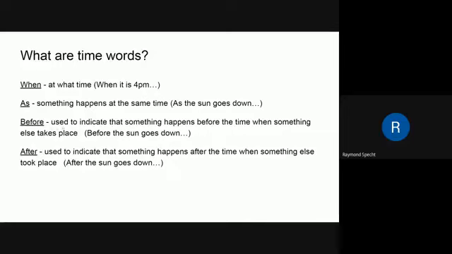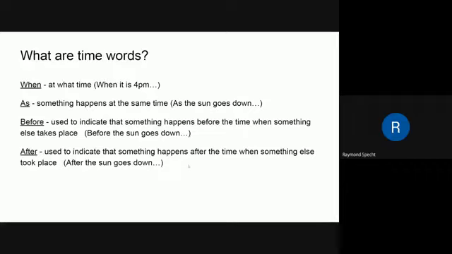Before, used to indicate that something happens before the time when something else takes place. Before the sun goes down, most people stay home. After, used to indicate that something happens after the time when something else took place. So after the sun goes down, people get up and go outside.